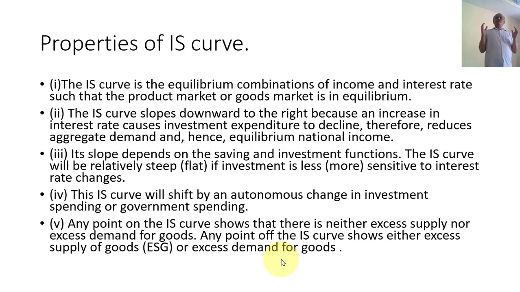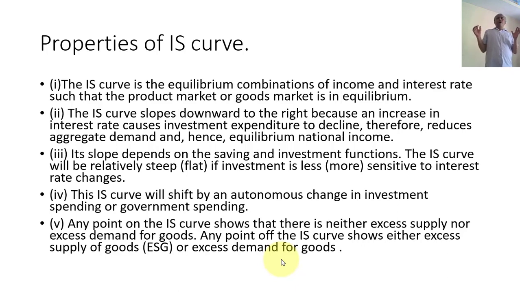The IS curve slopes downwards to the right because an increase in the rate of interest always leads to a decrease in the rate of investment or expenditure. As a result, to show that relationship, it has to come downwards.